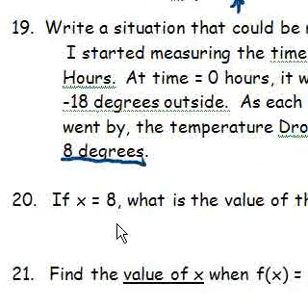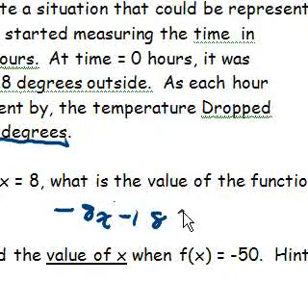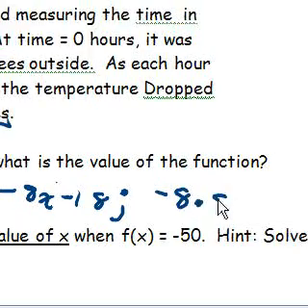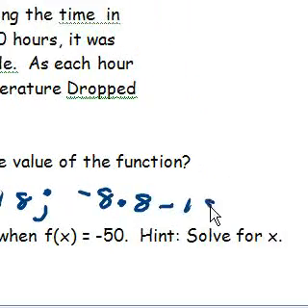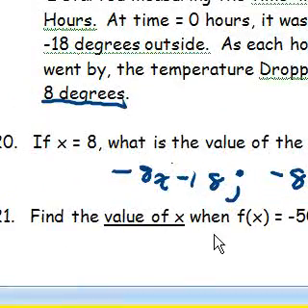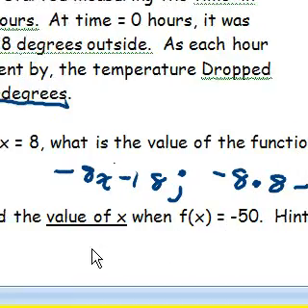And 20 and 21 are pretty straightforward. If x equals 8, what's the value of the function? All you do is take negative 8x minus 18, and you substitute 8 in for x. So negative 8 times 8 minus 18, and so forth. Find the value of x when f of x equals negative 50.